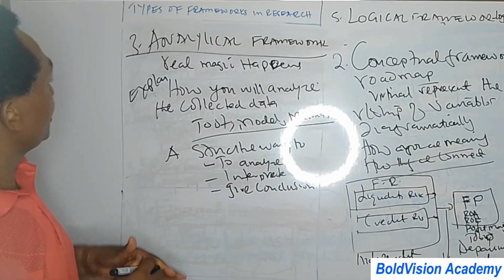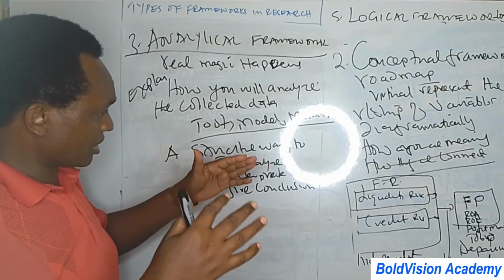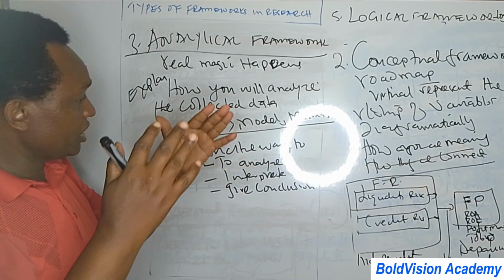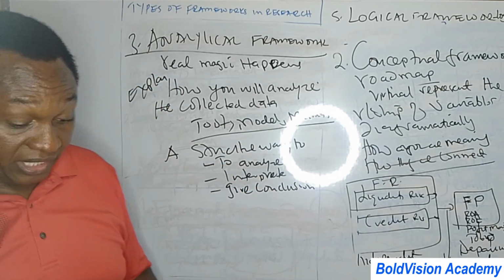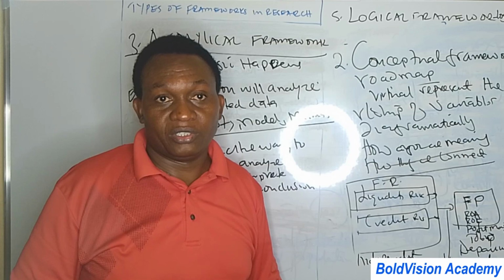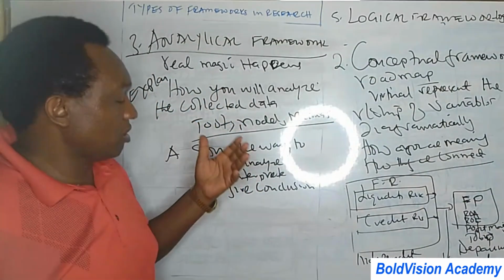That is the work of the analytical framework, and it is very key. It should be structured from point A to point Z: how you analyze the data, how you interpret the data, and how you give the conclusion. That is the purpose of an analytical model.